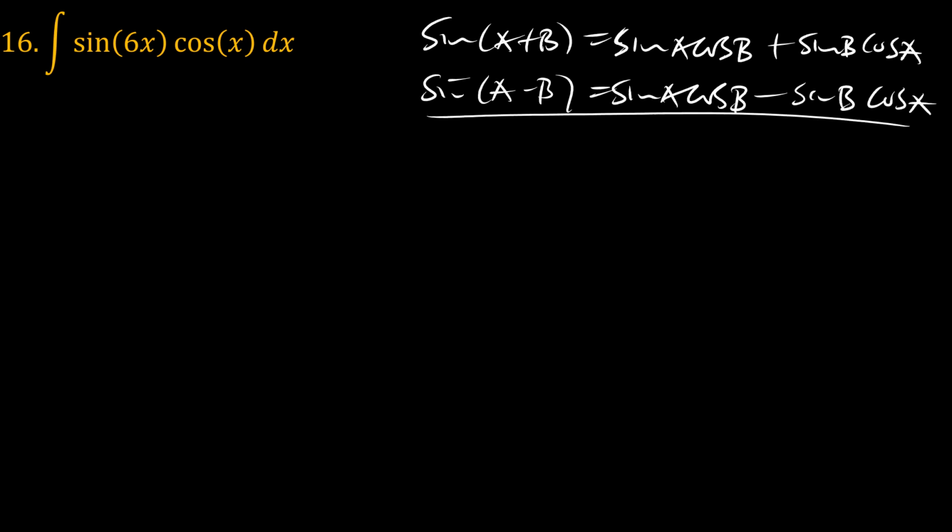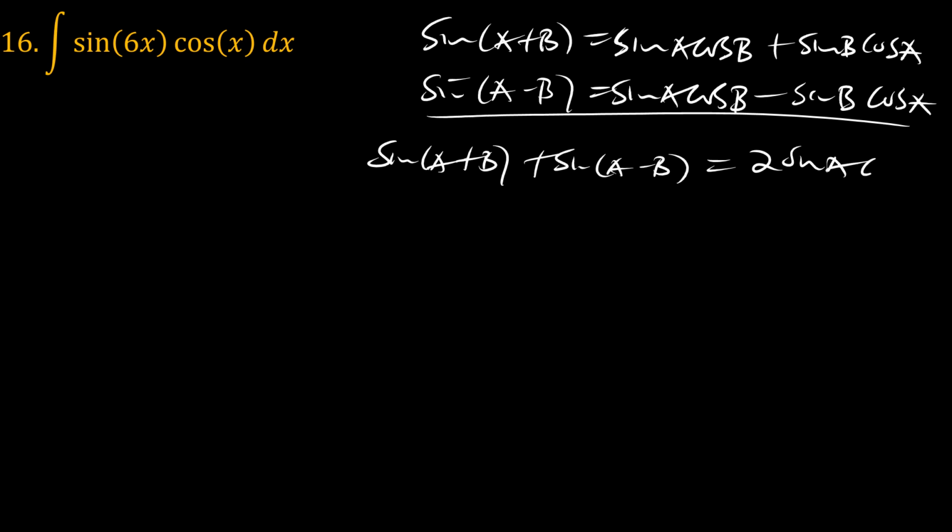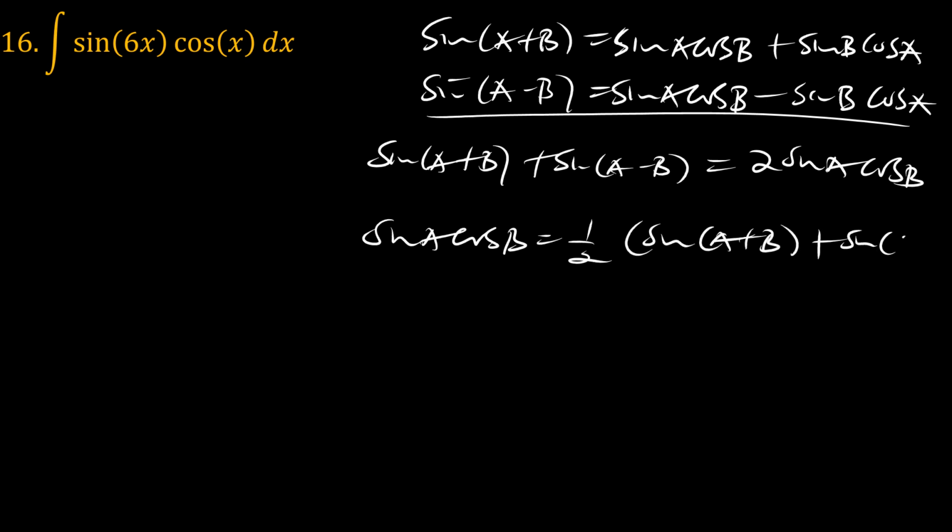So that when we add this, we have the fact that sine of a plus b plus sine of a minus b is equal to 2 sine a cosine b, right? And so sine a cosine b is equal to a half of sine of a plus b plus sine of a minus b.